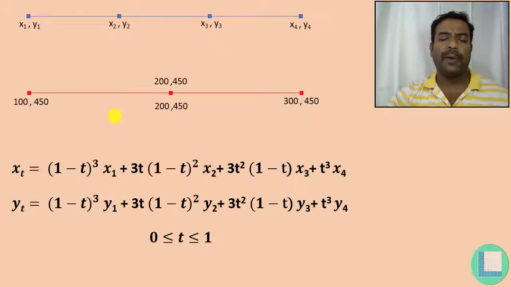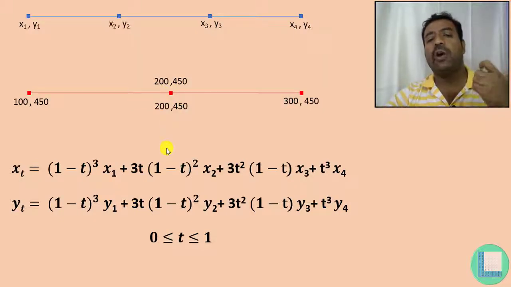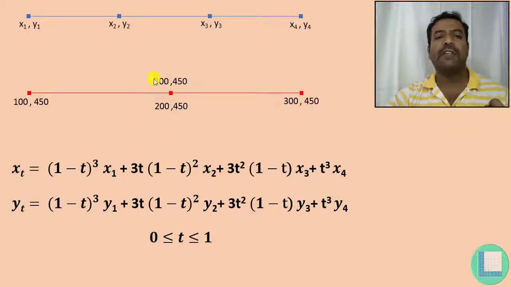In my programming I'll be using these points as 100, 415, and these 2 control points I'll be making as one part, so that I can split them out. I can make one point go above and the other point come below, so that I alter the control points and have a smooth kind of curve. And the 4th point I'm going to have is 300, 450.